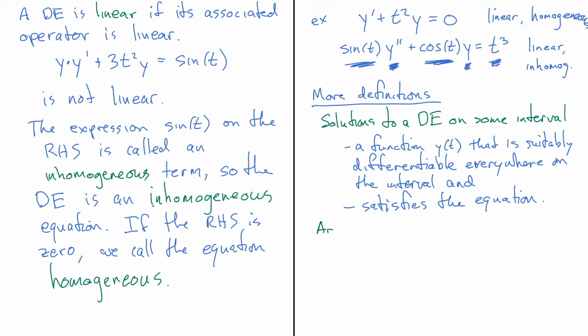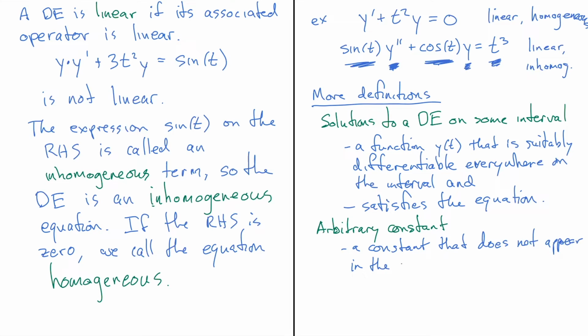Okay, now I'm going to define what an arbitrary constant is. So an arbitrary constant is a constant that does not appear in the statement of a problem, in the original DE.